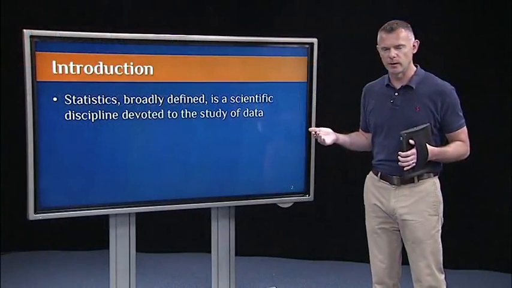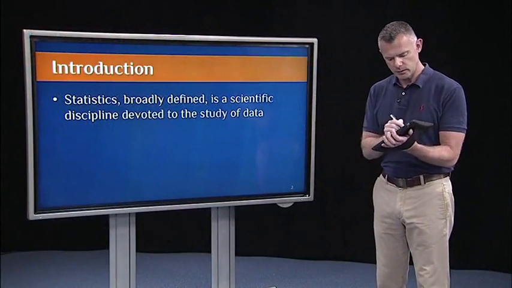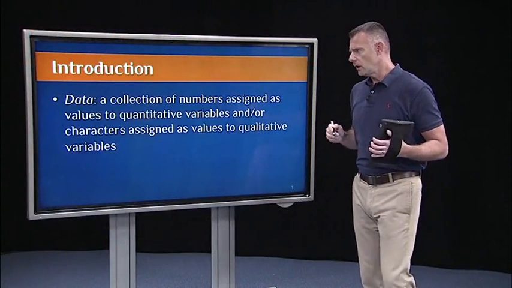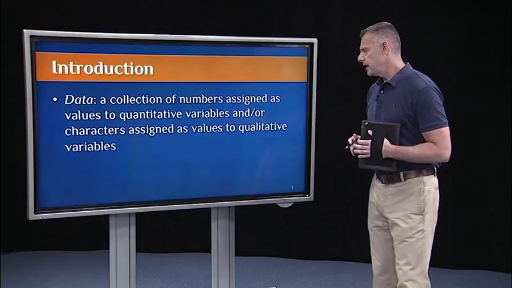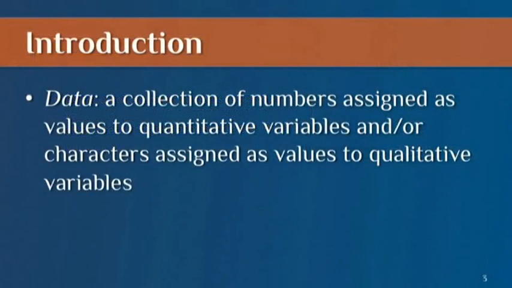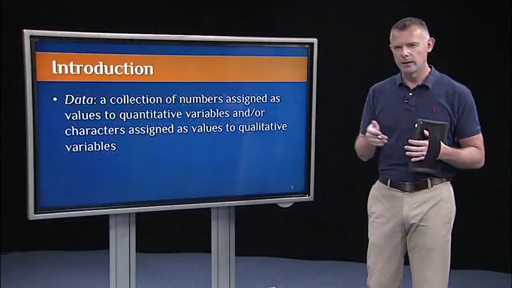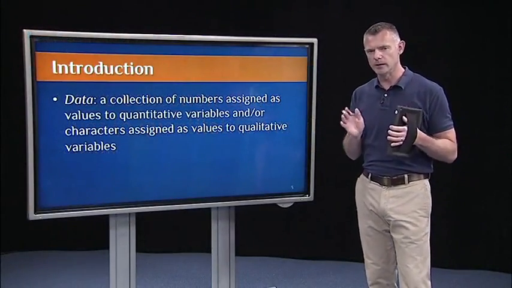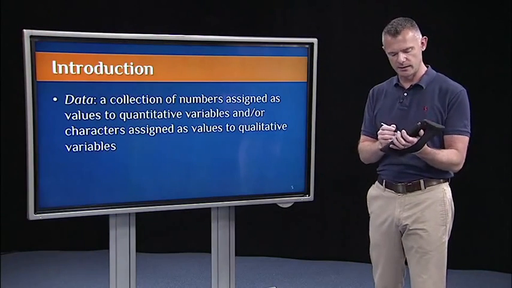That, of course, begs the question, well, what is data? So let's define data. Data simply is a collection of numbers assigned as values to quantitative variables, or characters assigned as values to qualitative variables. That sounds kind of lingo-y and technical, so what do I mean exactly?